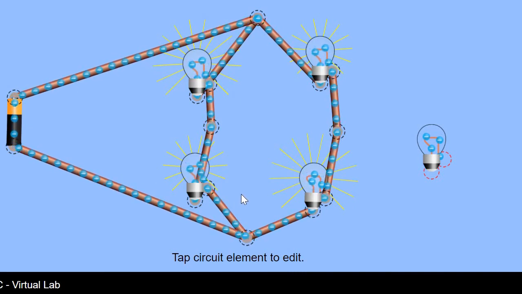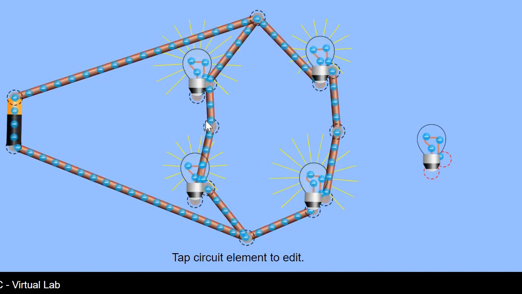So you can see the symmetry with which the bulbs are glowing. The two 2R bulbs are glowing brightest and the R bulbs are glowing dimmest, and due to the symmetry of the situation, they are glowing with the same brightness.